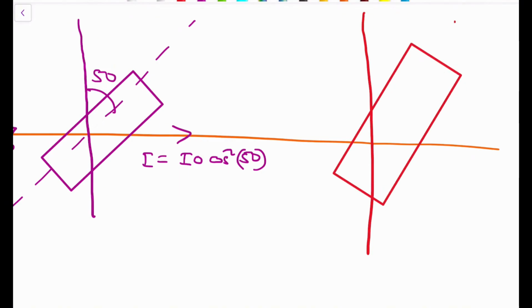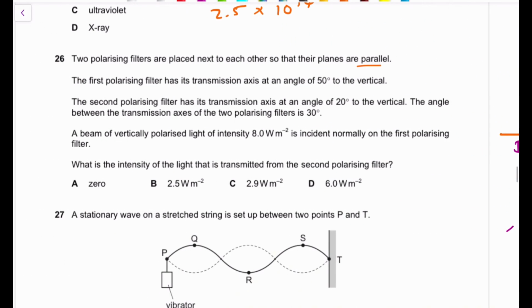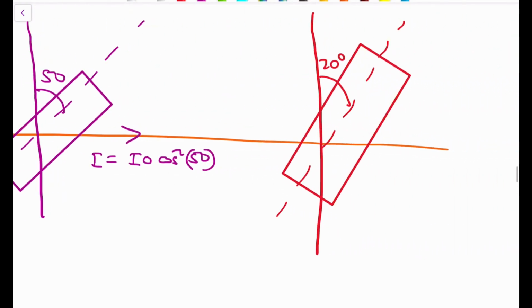So this is going to be 20 degrees to the vertical, right? So the angle between the transmission axes of the two polarizing filters is therefore 30 degrees, right? And that is the angle that we're interested in for Malus's law.